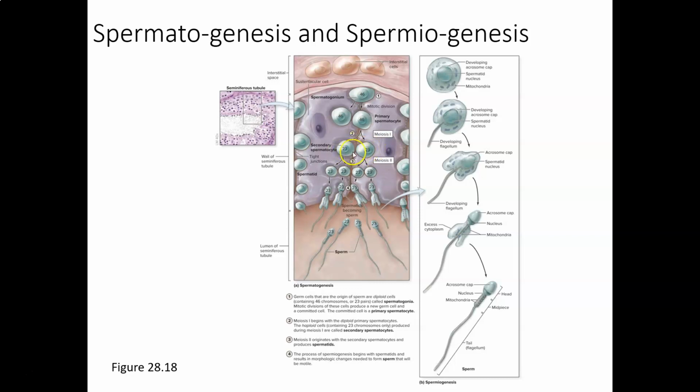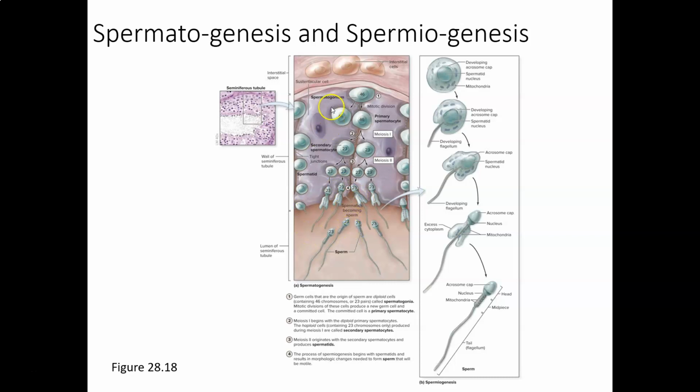At the end of meiosis the cells are already haploid. Then, closer to the lumen, the daughter cells develop into spermatids, which become sperm.